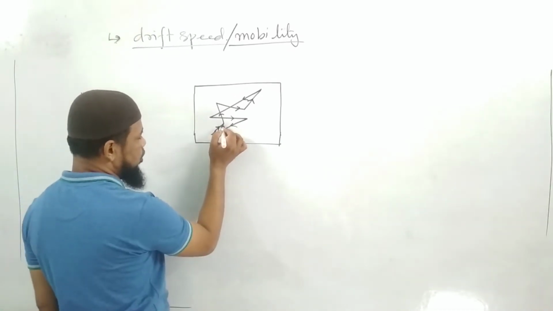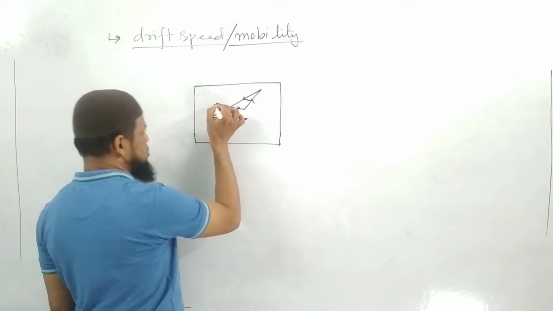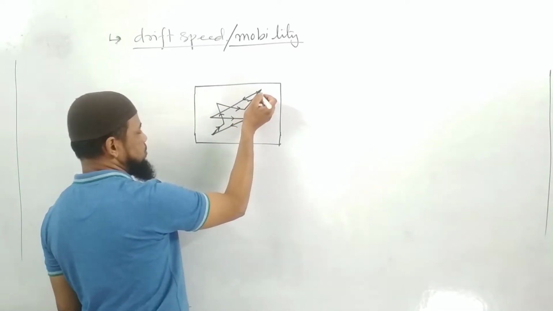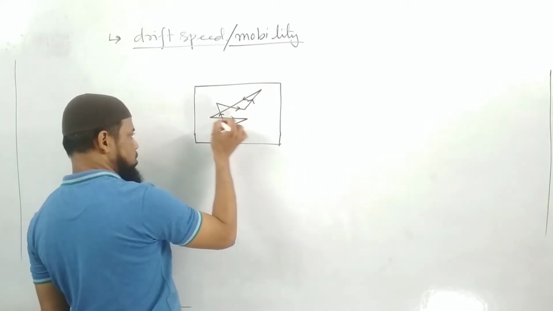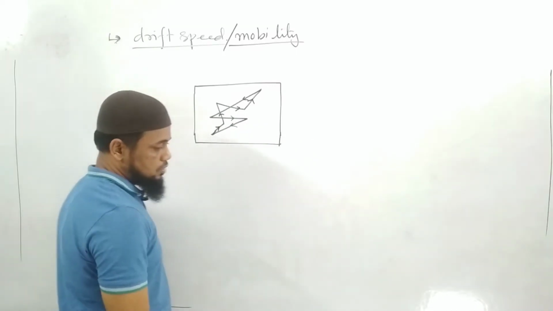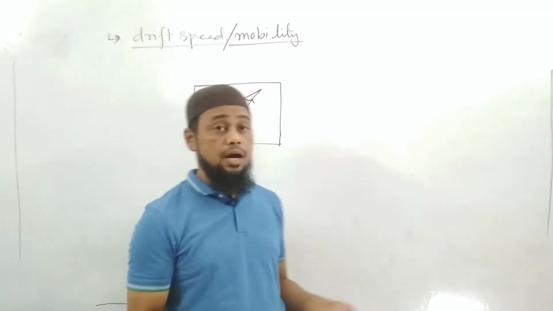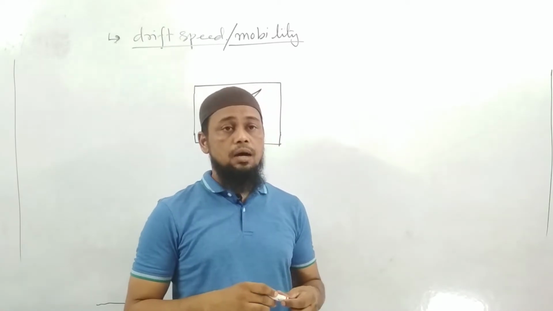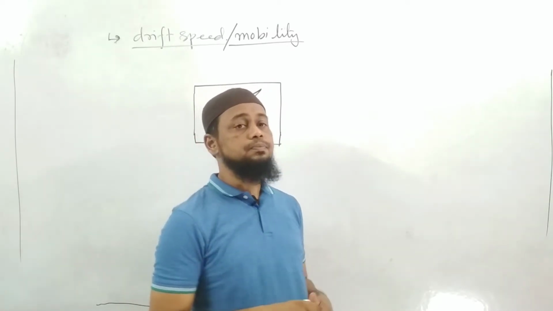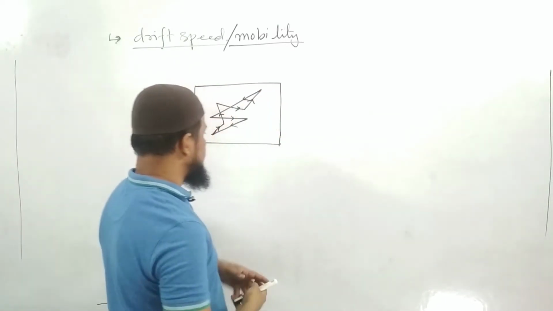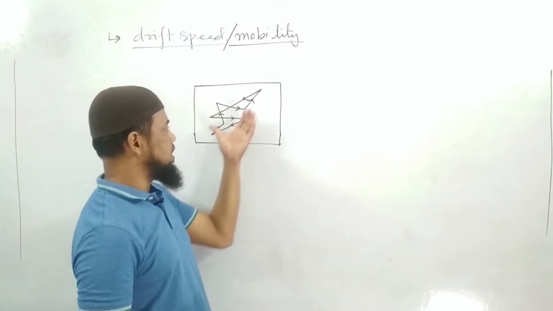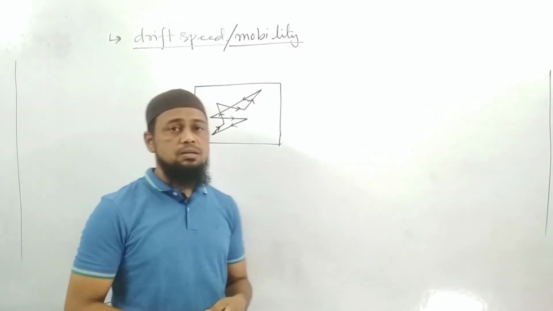Electrons will go, there will be collision, again it will go, there will be collision, again it will come here, there will be collision. So electrons collide with whom? With the other electrons. With the positive ions it will collide. Basically these electrons keep on moving inside because of their thermal energy.